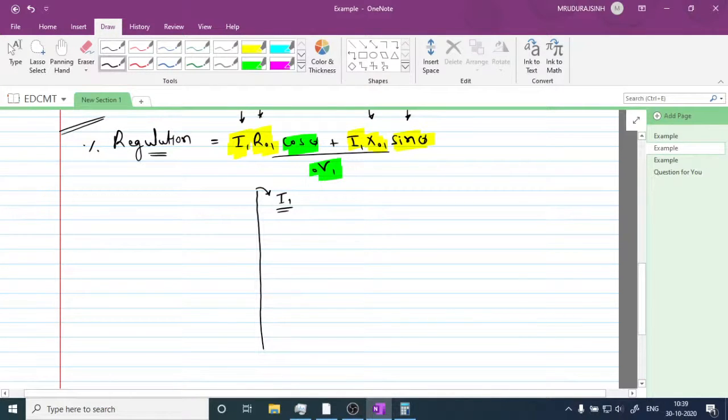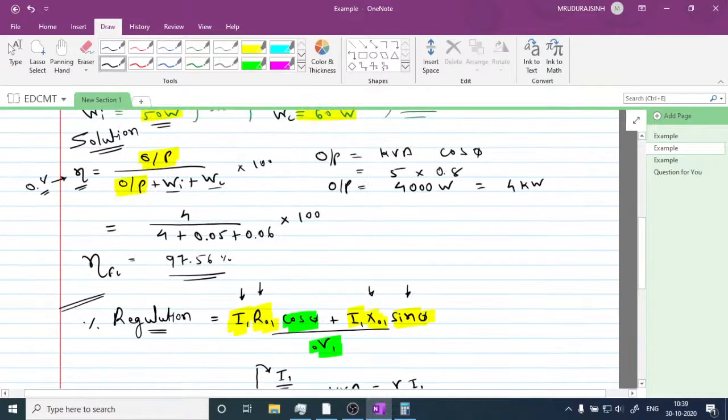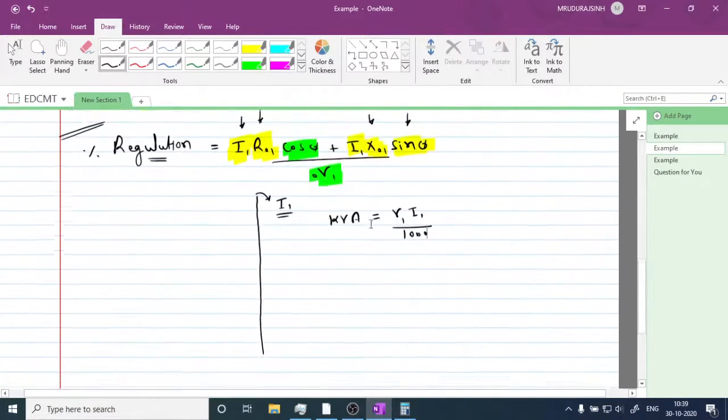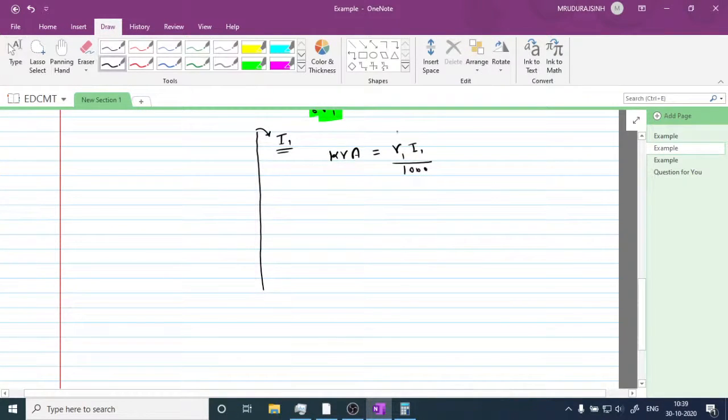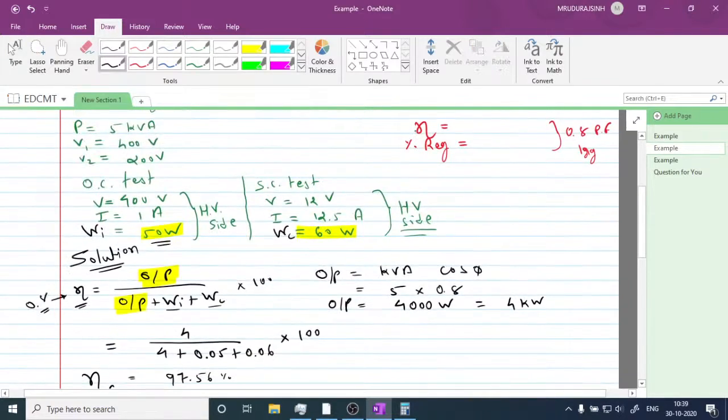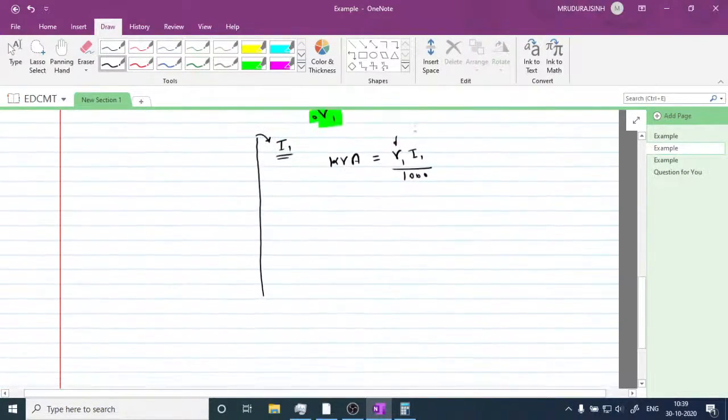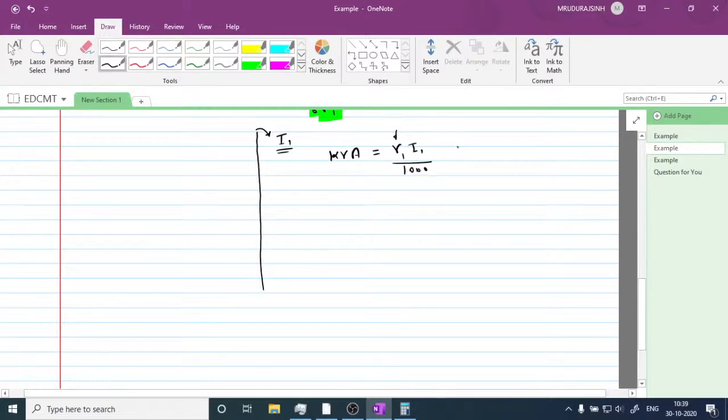So how we can calculate the I1? The kVA rating of transformer is known to us. So it's ultimately V1 I1 divided by 1000. The transformer is of 5 kVA. The supply voltage V1 is known to us, and that is 400 volts. So we can write I1 is equal to 5 kVA.